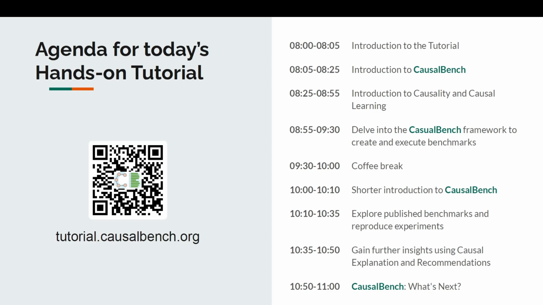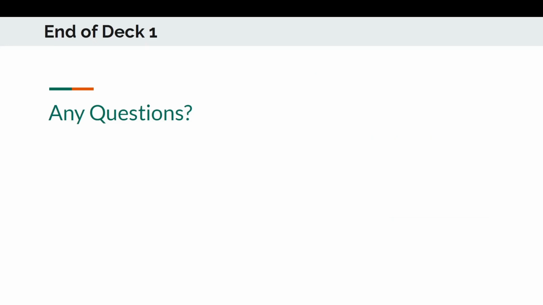After that, we'll explore already published benchmarks and benchmark contexts, which are published by different users on CausalBench, and we'll see how you can reproduce experiments using CausalBench. After that, we'll gain further insights and analyze experiments using the causal explanation and recommendation module. And we'll conclude with our future works, what we have planned for the future of CausalBench. With that, I'd like to open the stage for questions.